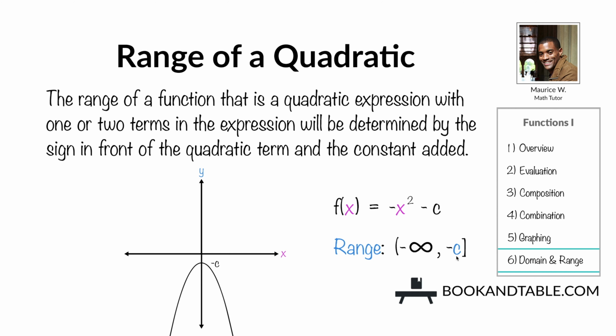But that constant is included in the range, whether it's positive or negative. And that constant is the high point since the curve is now flipped. So it is the second entry, with negative infinity being the first entry.